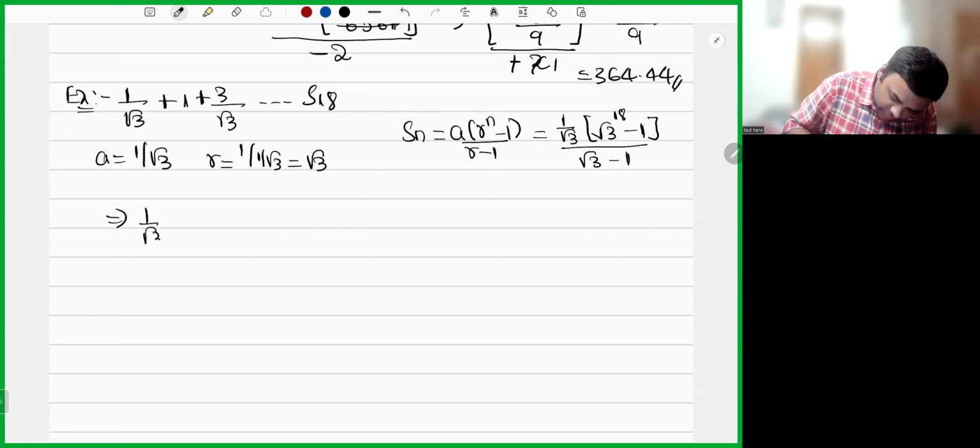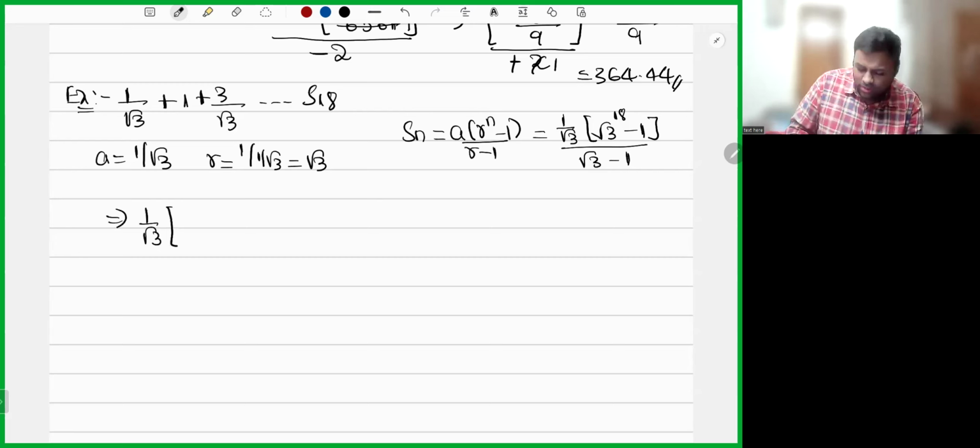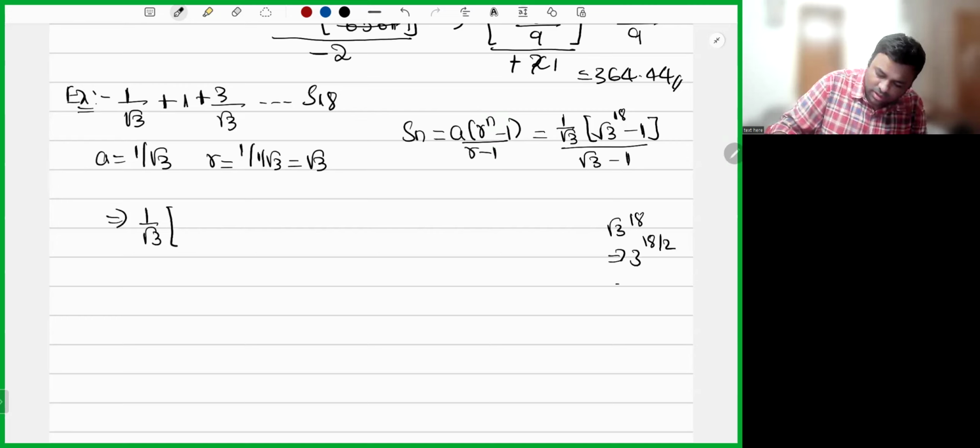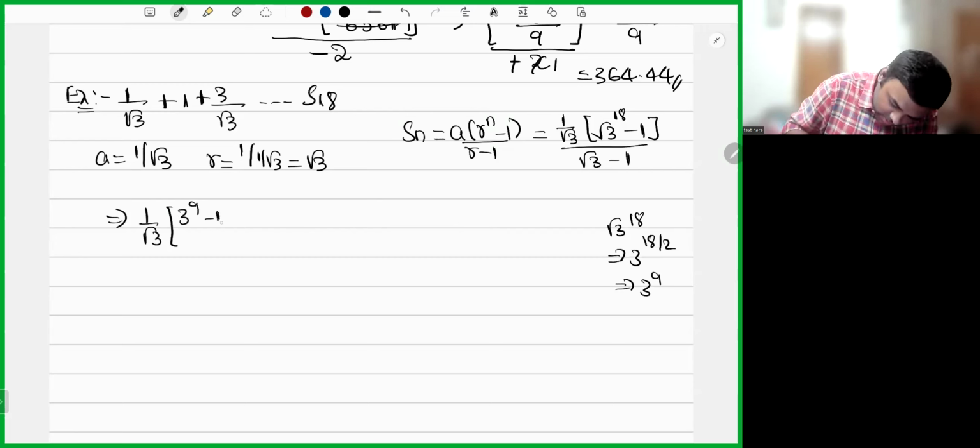What is root 3 power 18? It is 3 power 18 by 2, which is 3 power 9. So 3 power 9 minus 1 whole divided by root 3 minus 1.